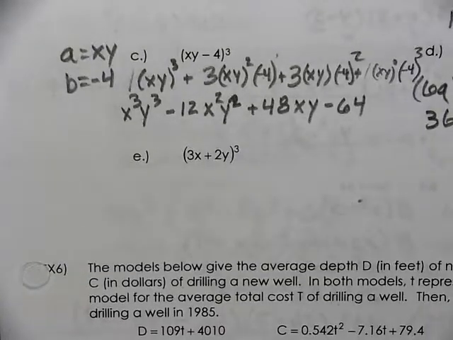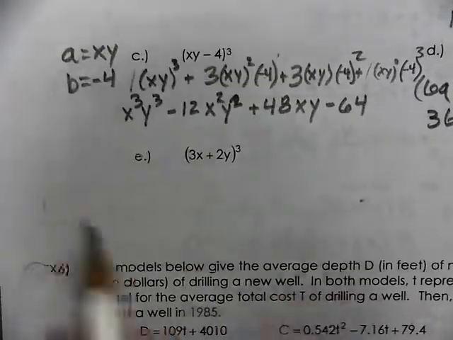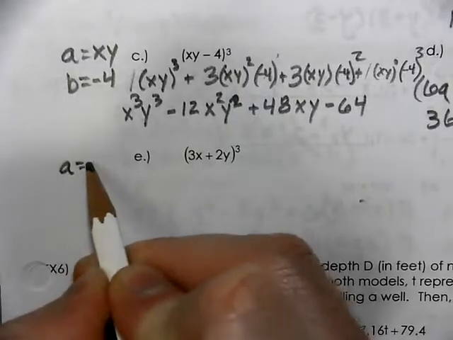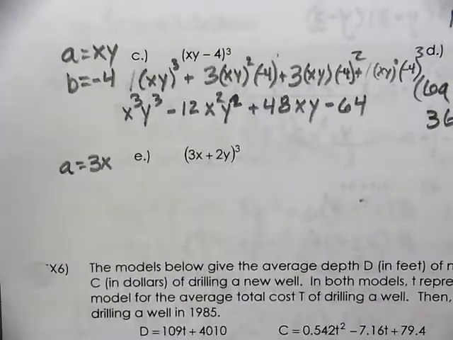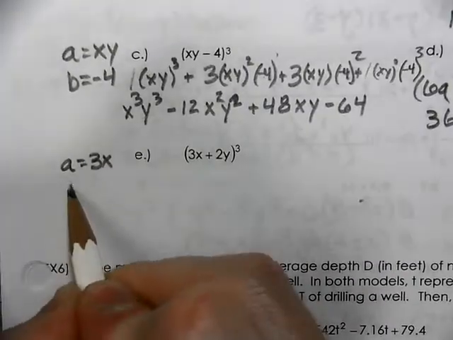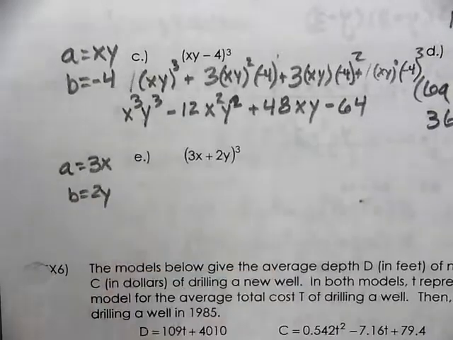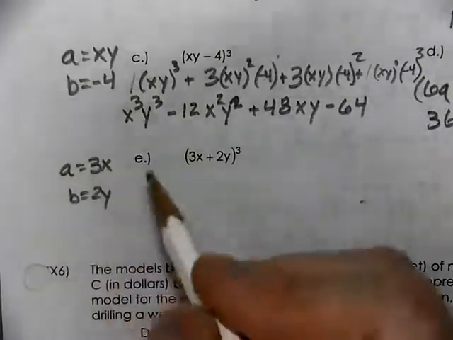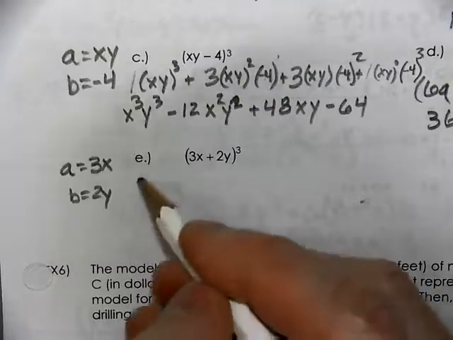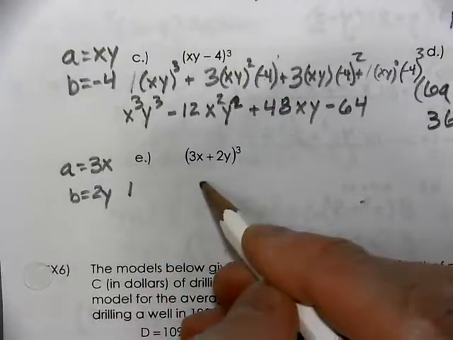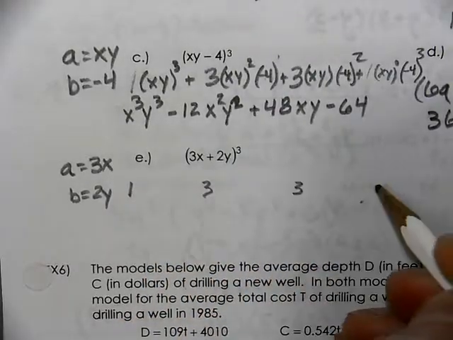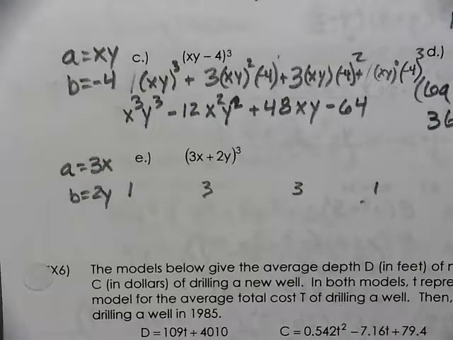Let's try this one. Our a value is 3x. Our b value is 2y. So let's start out with our coefficients this time. Let's do 1, 3, 3, and 1. Got to space them out well.